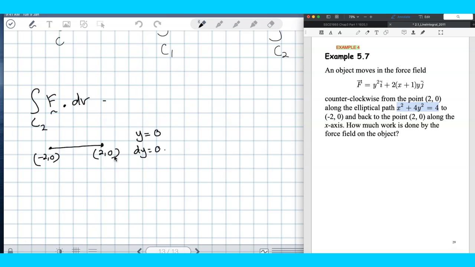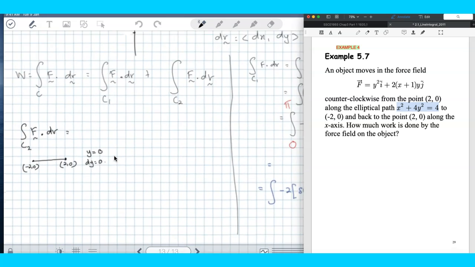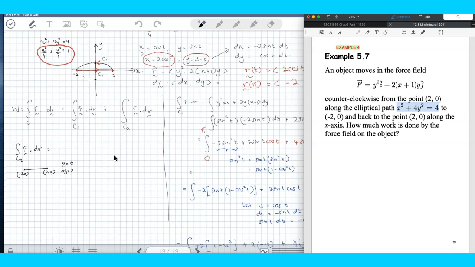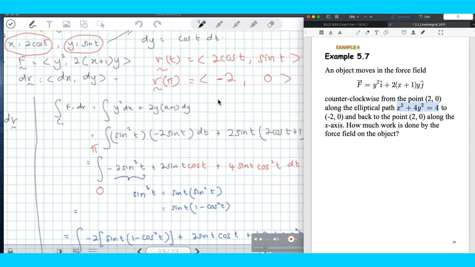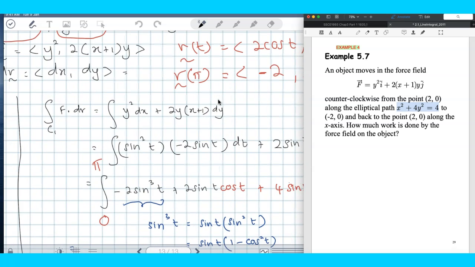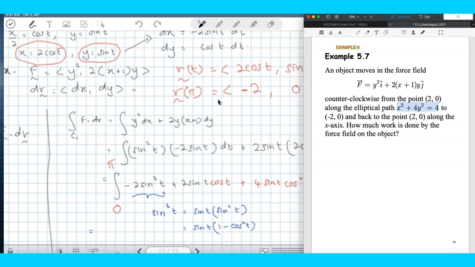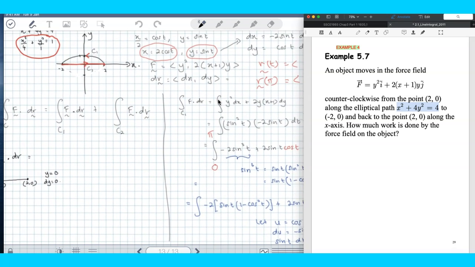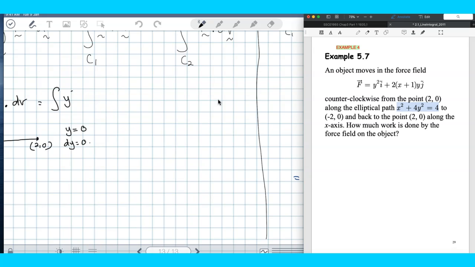Now when we look at the f dot dr, y squared dx plus 2y(x plus 1) dy.